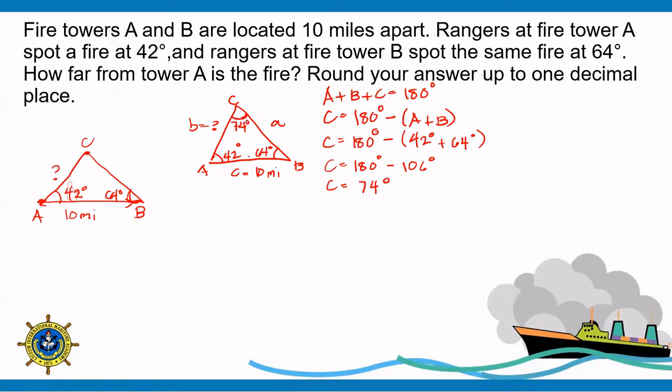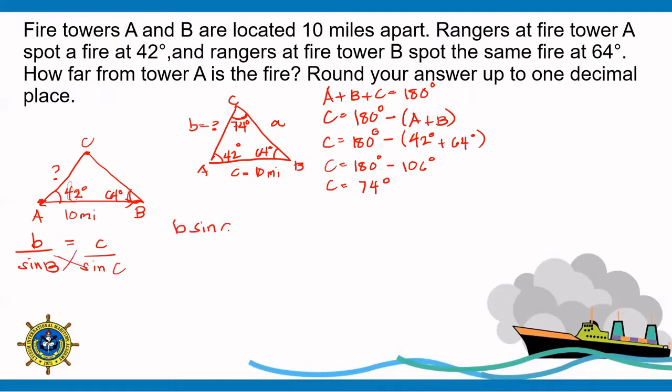So now na meron na tayong katapat na angle, we already know that angle, pwede na ngayon tayo mag-solve using the sine law. So if we're looking for side B, ang magiging equation po natin will be like this. So I have B over sine B is equal to C over sine C. So we're solving for B, so that means magko-cross multiply po tayo. So magiging ganito siya.